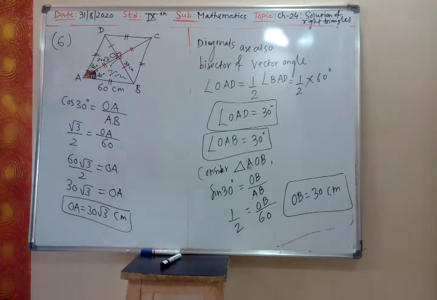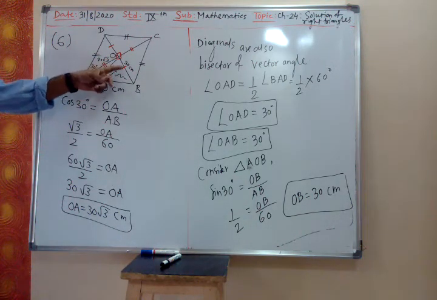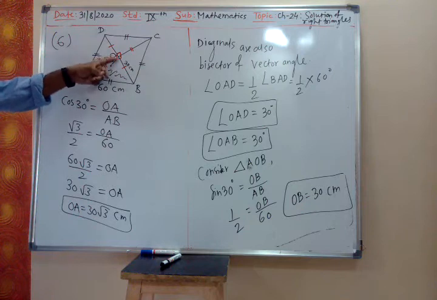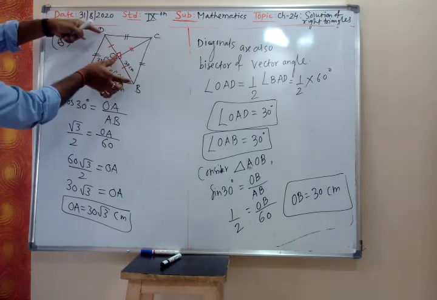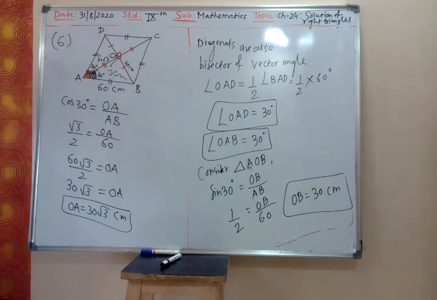So now we have to find the diagonals AC and BD. BD is double of OB and AC is double of OA.